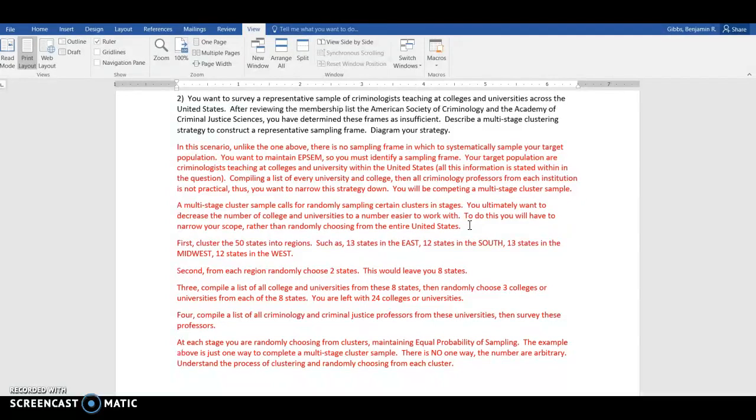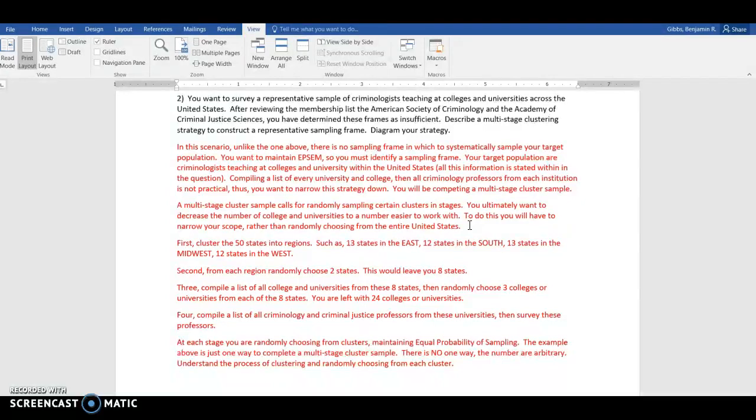That's going to leave us about 500 to 600 criminologists on our list. We can either conduct our survey from there, or if that's too many, we can draw a sample of, say, 200 from that particular list. Every time you draw from each cluster, each sample, you need to do so randomly. And then we are left with a sample of about 200 criminologists to survey.